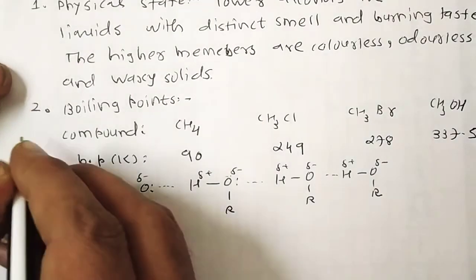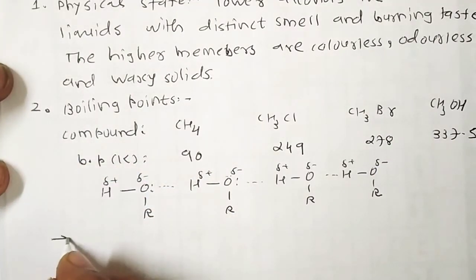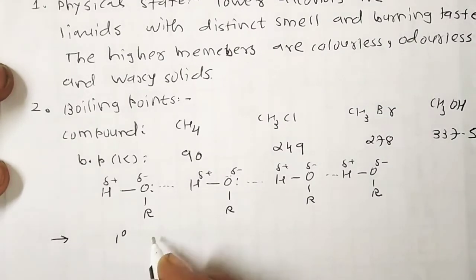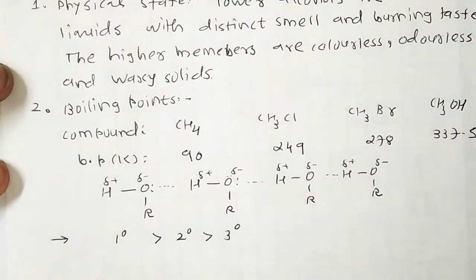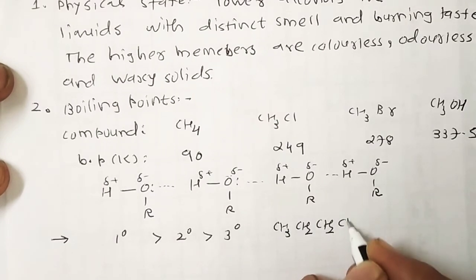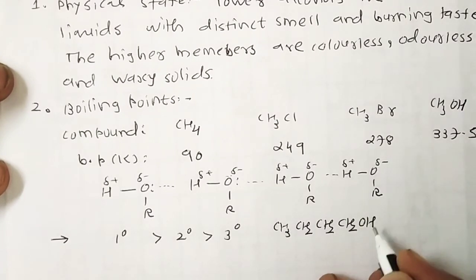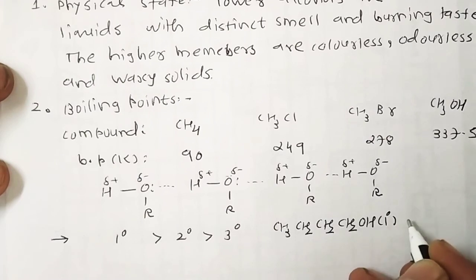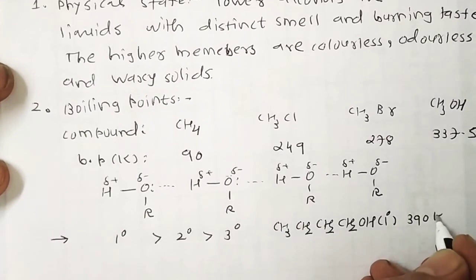Now, in this boiling point section, another point is like that. In isomeric alcohols, the boiling point decreases with branching. We know that primary has a higher boiling point compared to secondary, and secondary compared to tertiary. For example, CH3CH2CH2CH2OH is primary in nature and its boiling point is almost 390 Kelvin.